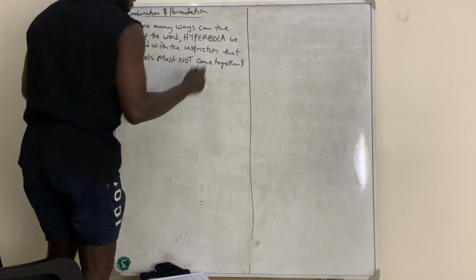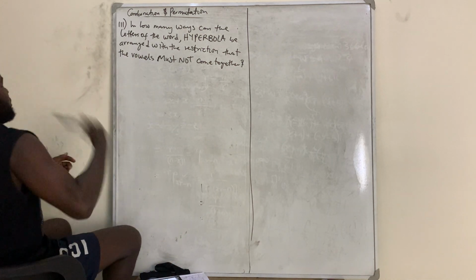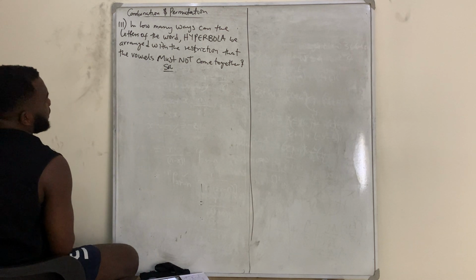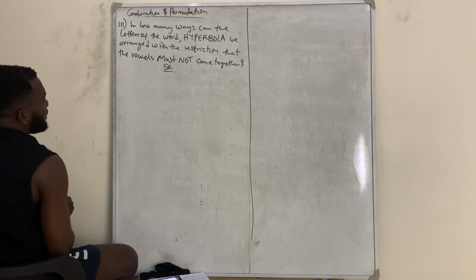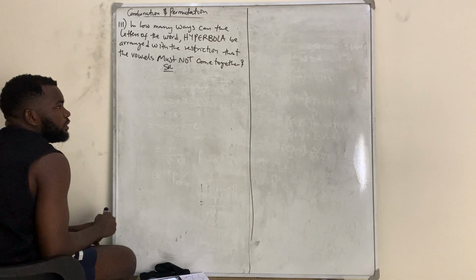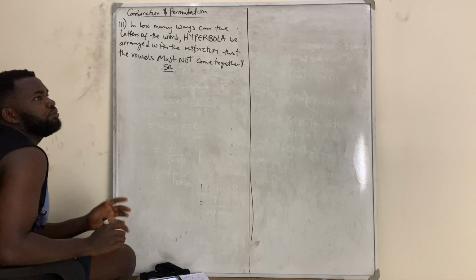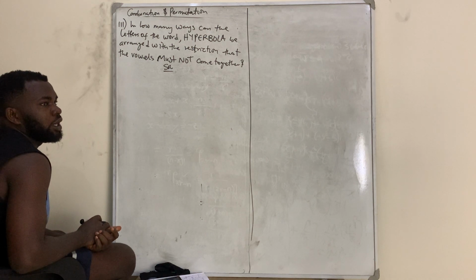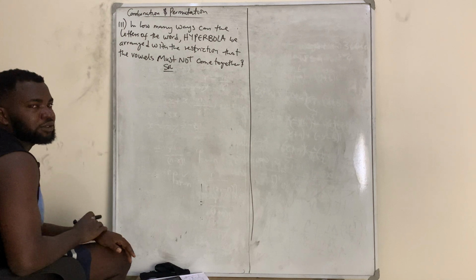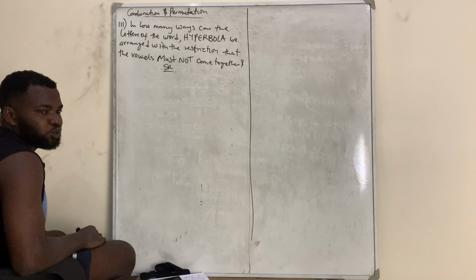Now, whenever you are told to find this type of question, we cannot get when they are not together, but we can get when they are together. So first of all, you need to find without restriction. It's as good as if you are given rice mixed with stone and they say, I need the rice without the stone.